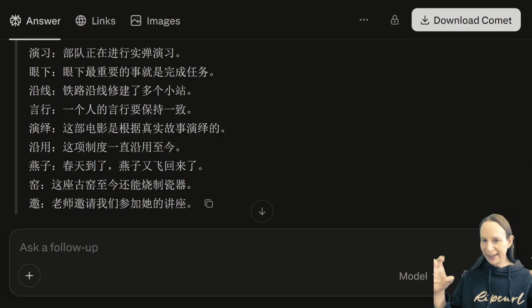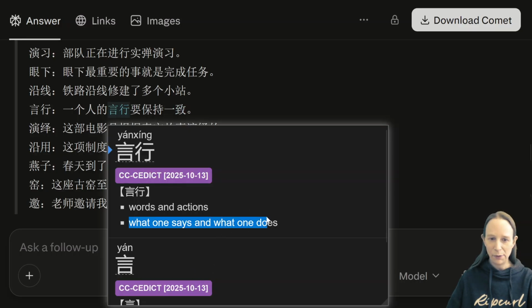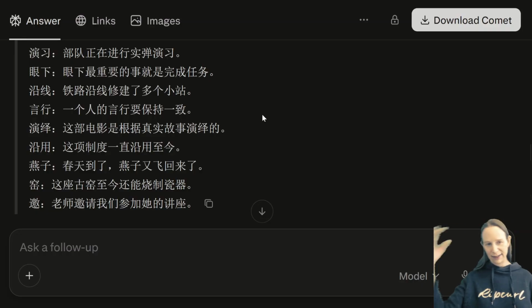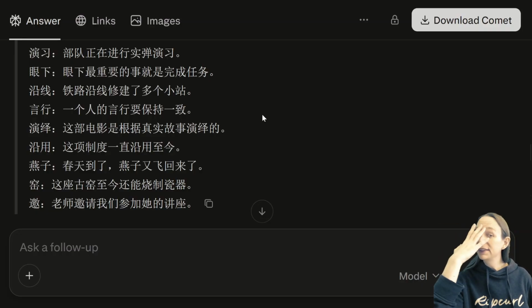Sometimes Chinese nouns are just 言 and 行, and they don't really interact. Maybe they're almost like opposites here. 一个人的言行要保持一致. So a person's words and actions should be consistent. 言行, what one says and what one does. 演绎. Yeah, this one is a challenge.